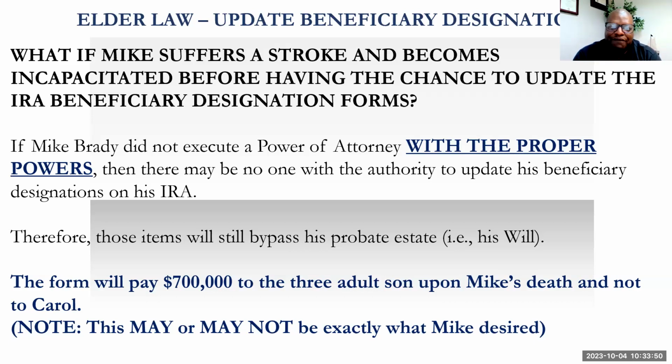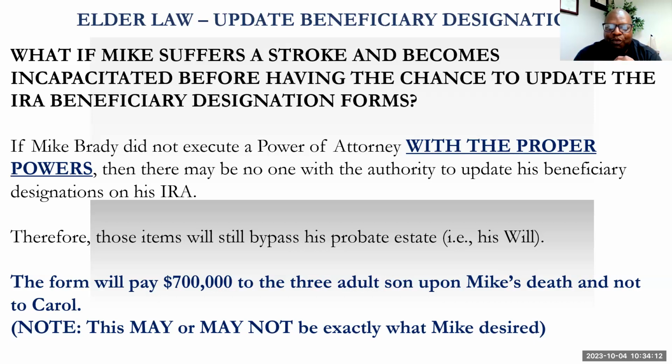And if you don't have a POA, you have to go to court to get that guardianship or conservatorship I mentioned. In those situations, you have to have court-appointed authority in order to update, to do what's called estate planning. You have to request it from the court and then justify to the court why it should be done. And sometimes the court won't allow it.